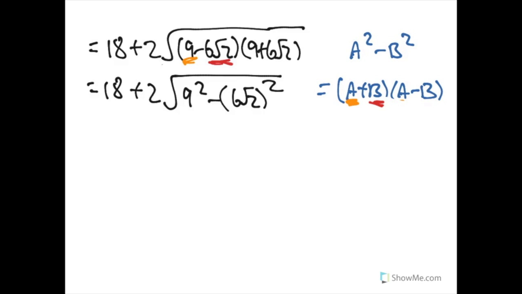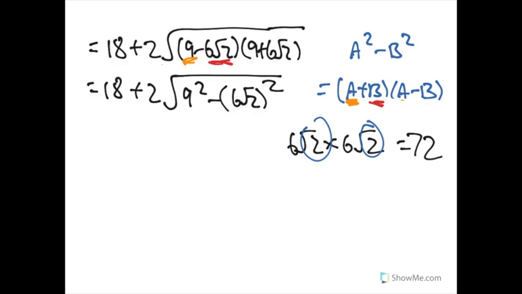And what is 6 root 2 all squared? Well, 6 root 2 times 6 root 2 gives us 36 times 2, so this is equal to 72. So this is equal to 18 plus 2 times the square root of 81 minus 72, since 9 squared is 81.